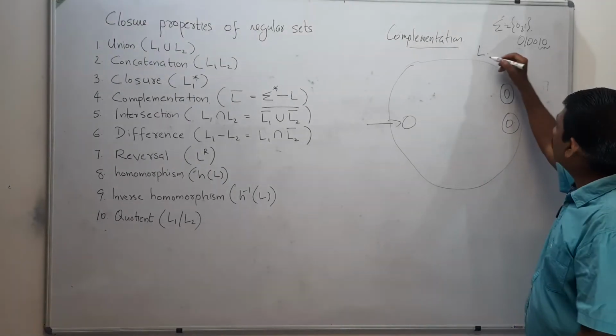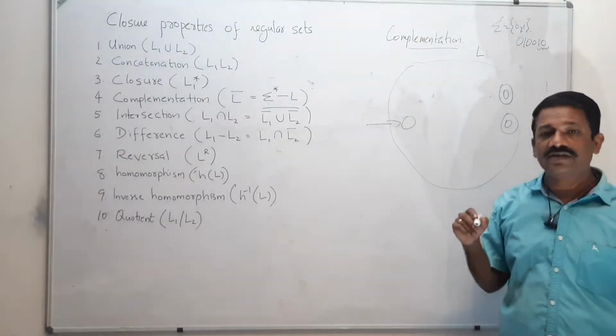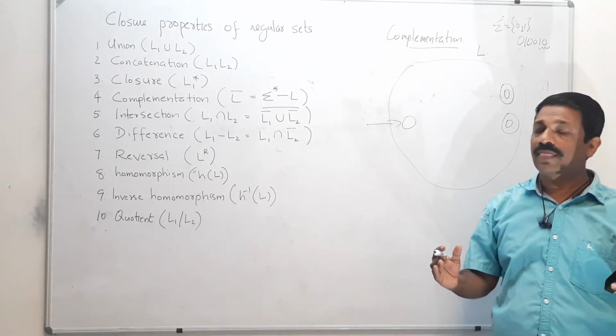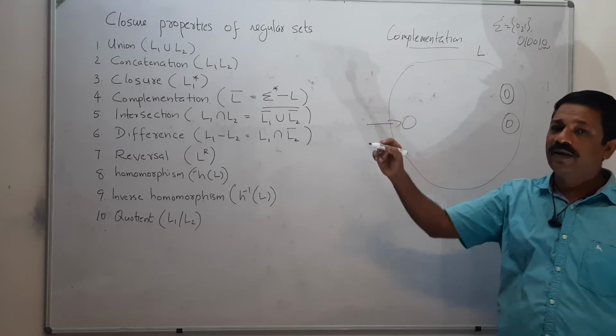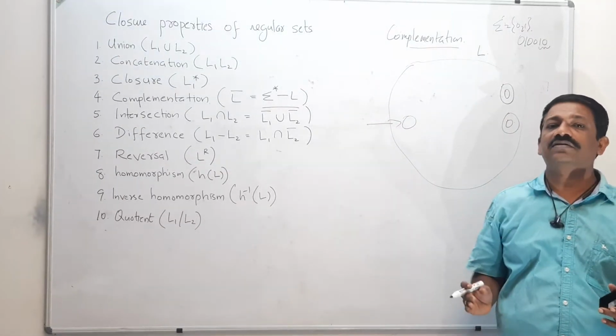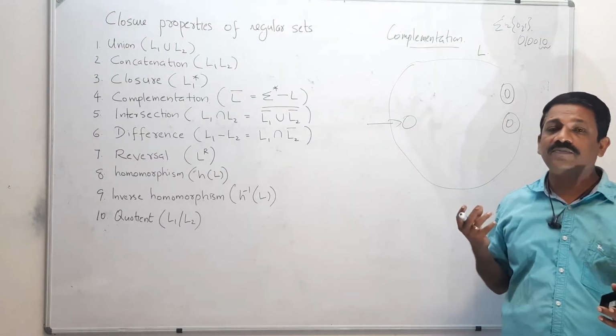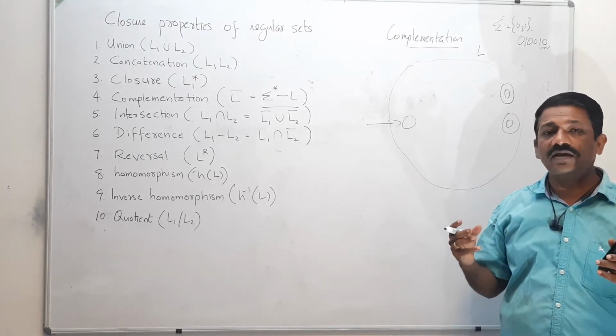Here L is accepting the set of strings which are ending with 1, 0, but the complement, L bar, should not accept strings ending with 1, 0.